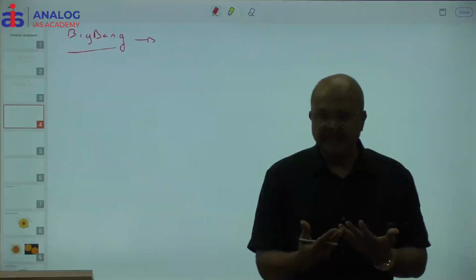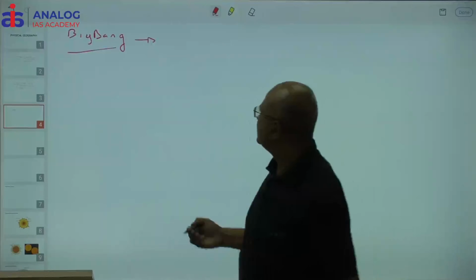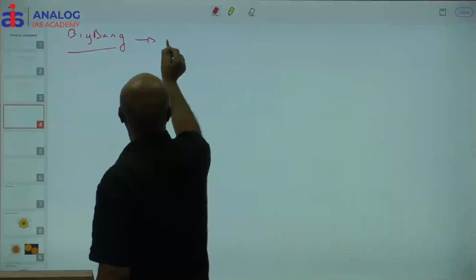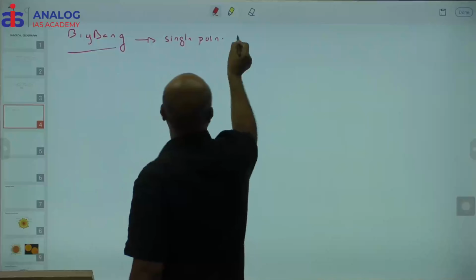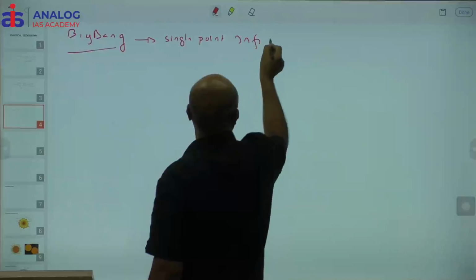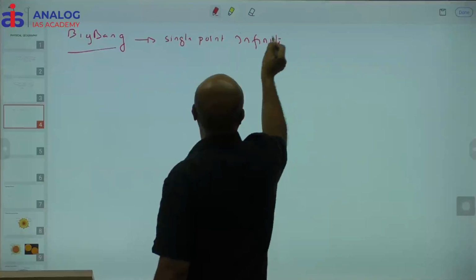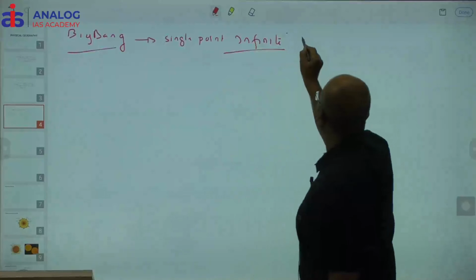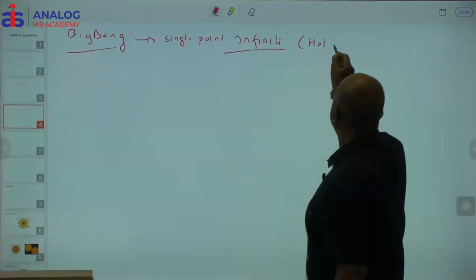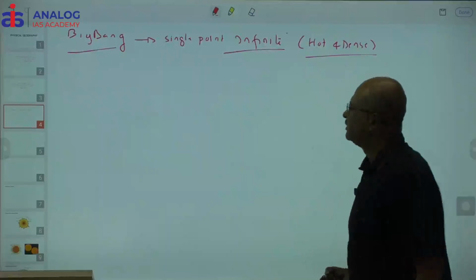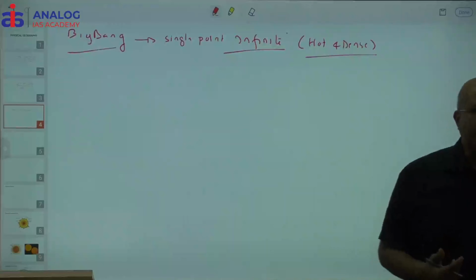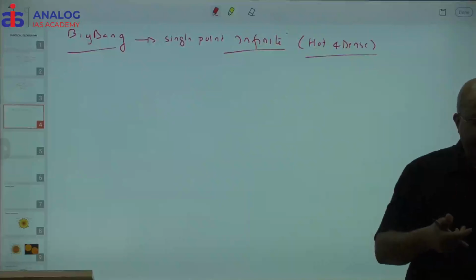Infinite. There existed a single point, infinite hot, and always use infinite. And this single point is referred to by the term singularity.